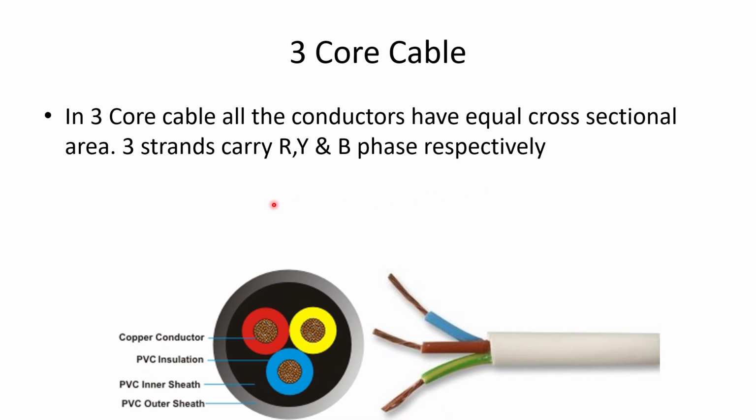In this one, you are able to see cable. Then this one is insulation. This is PVC insulation, and this is outer, which is known as a sheath.